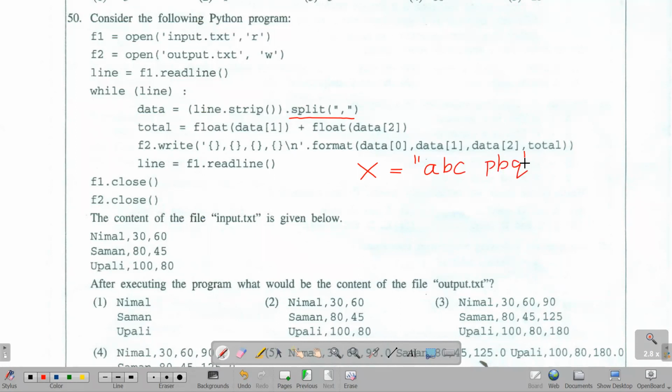So if this is the string, if I ask to print x dot split, right?